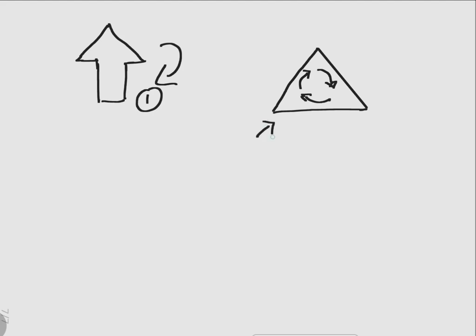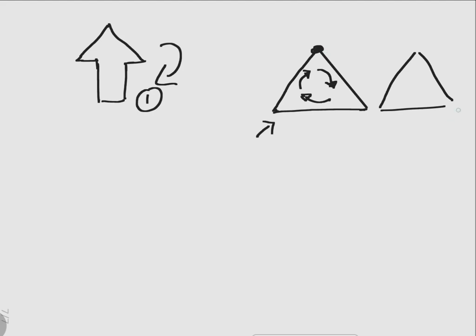What about a shape like this? If you observe carefully, there's an equilateral triangle, and for each side of the triangle you have an arrow which is exactly similar. So if you rotate this by every 120 degrees, it will still be the same.